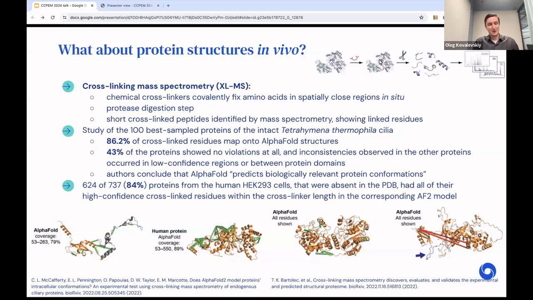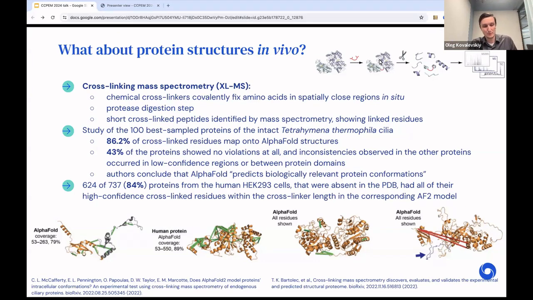Combined together, structural constraints obtained via cross-linking provide another experimental validation of the AlphaFold predictions, while predictions allow atomic-level interpretation of cross-linking data. So this is a very nice synergy and interplay between these two methods. For example, 84% of proteins from human HEK cells had all of their high-confidence cross-linked residues within the cross-linker length in the AlphaFold predicted structures.